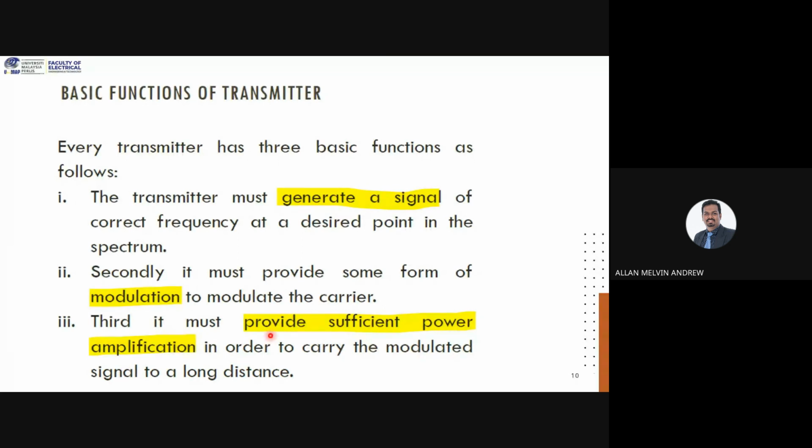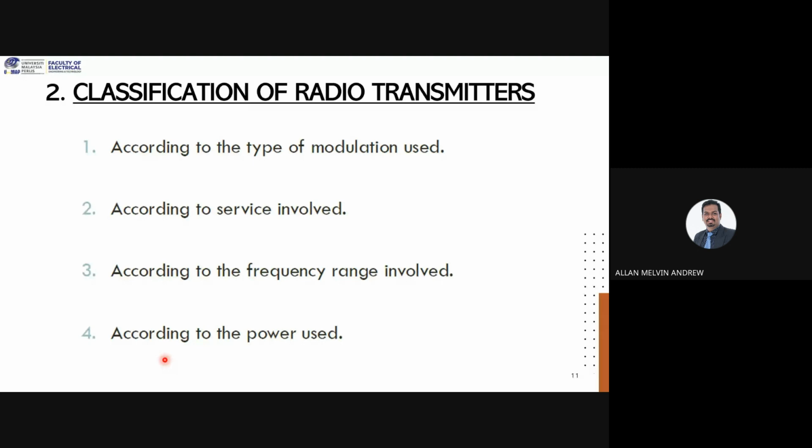It's like you didn't eat for so long, and suddenly you need to run 100 kilometers. Cannot. You must have the power, you need to do the practice. So power amplification is very important for the transmission. Okay, so that's the first part about the transmitter.